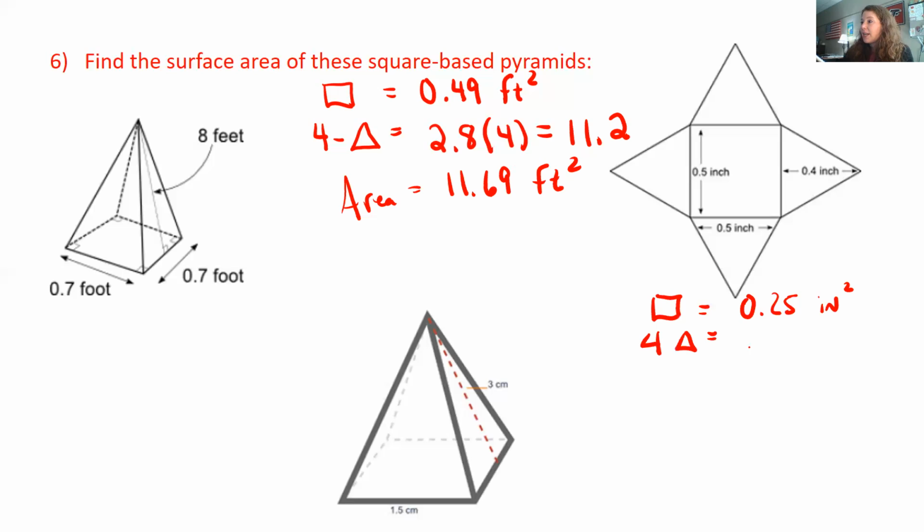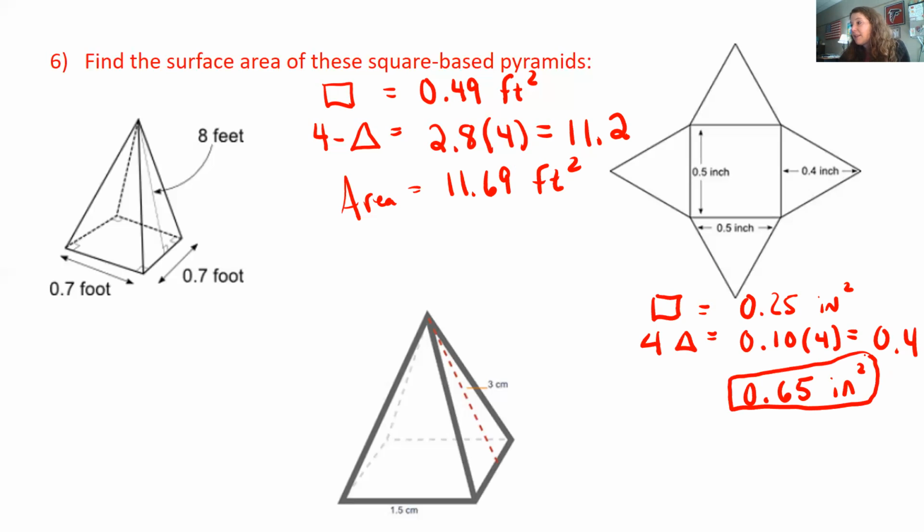So each area is 0.10, and we multiply by 4 because there are 4 of them. So that's going to be 0.40, or 0.4. And then finally, we add 0.25 plus 0.4, and we get 0.65 inches squared. Very tiny little pyramid. Not even a full square inch.